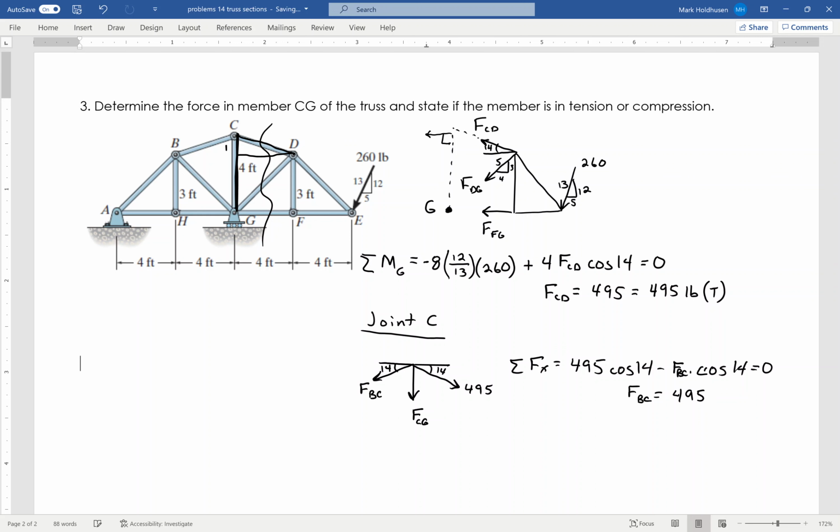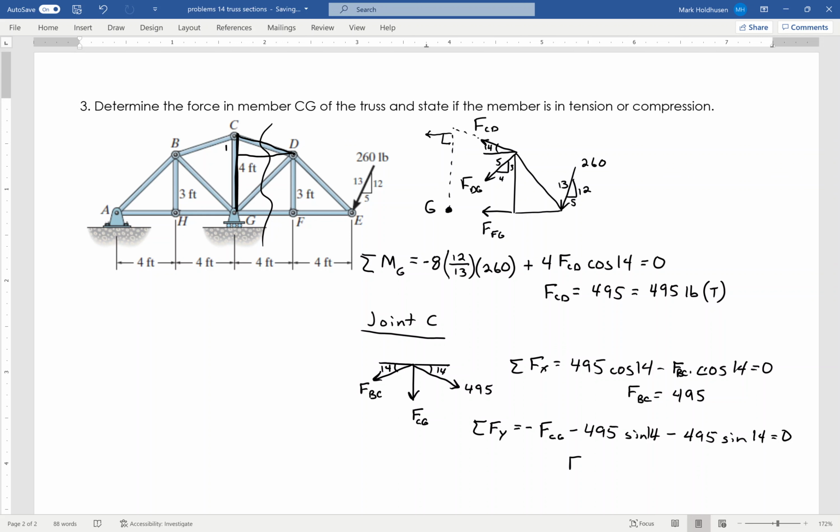Okay. Now that I have that, I can go ahead and sum the forces in the y direction, where I have my negative FCG here, and then I have minus 495 sine 14, and another minus 495 sine 14, those two members there, okay.